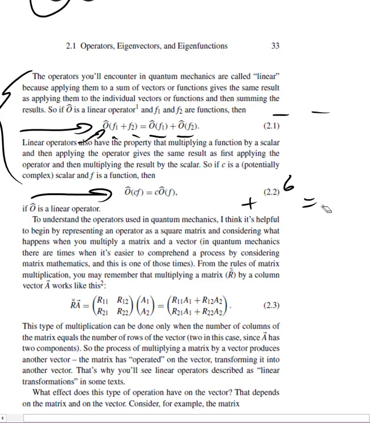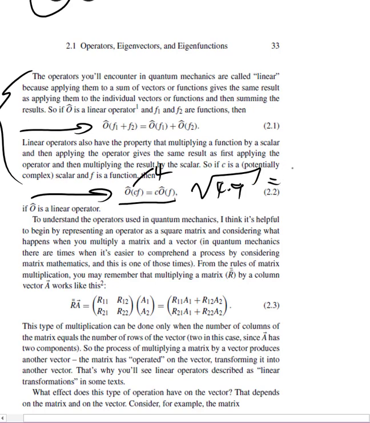Let me clean this up a little bit before we talk about the next characteristic. So what about this multiplying by a scalar? Does it matter if I apply the operator before I multiply? Well, if it's a linear operator, it does not matter. But let's use our square root example. Imagine that c is a constant that is 4, and f is a number, in this case, say 9. Then if I take the square root of 4 times 9, that's the square root of 36, I get 6.